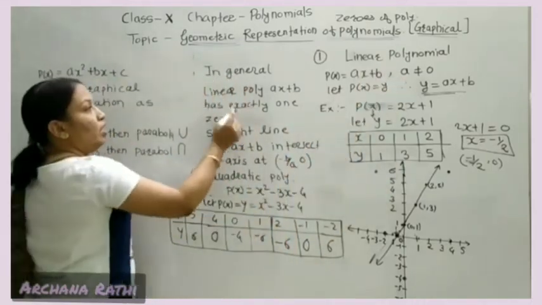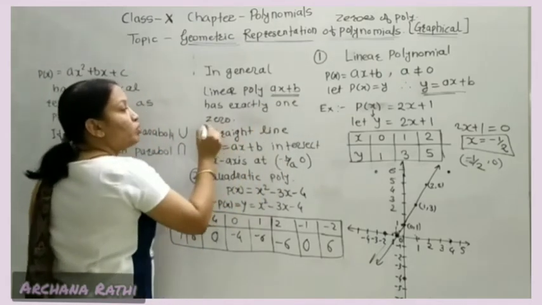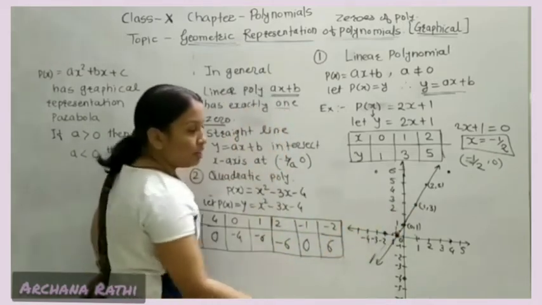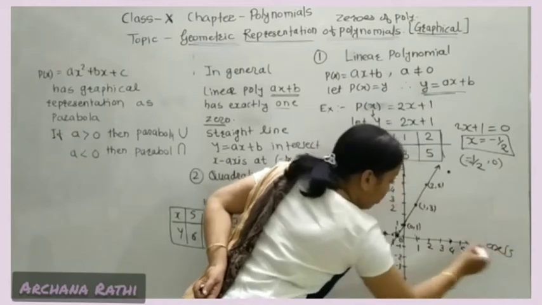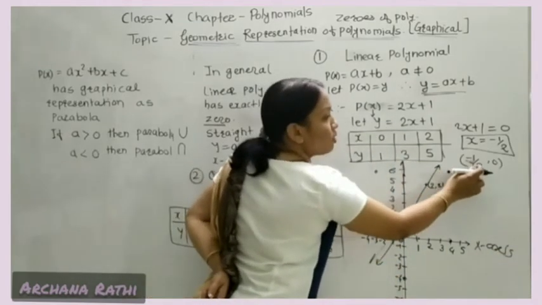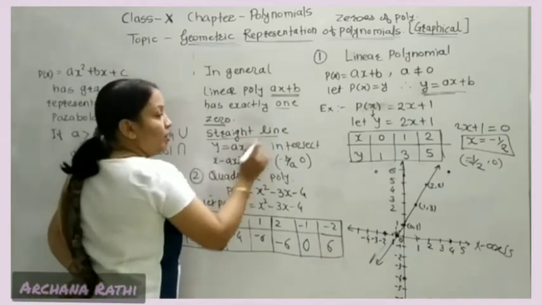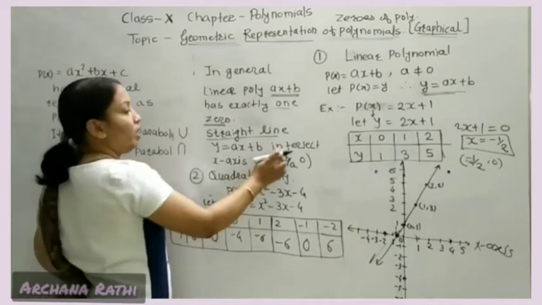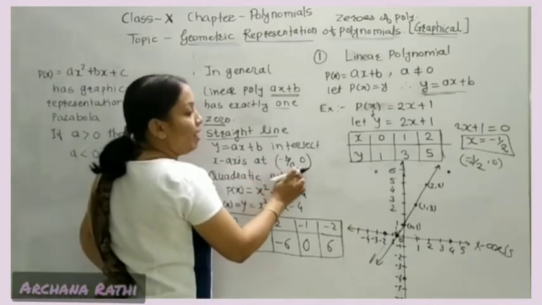In general, a linear polynomial ax + b has only one zero. As you can observe, this line intersects the x-axis at only one point, that is -1/2. The straight line y = ax + b in general intersects the x-axis at (-b/a, 0).